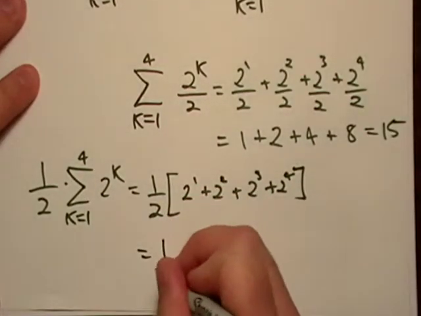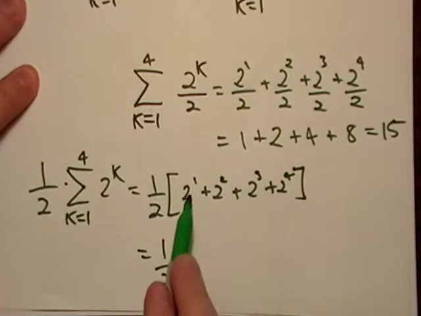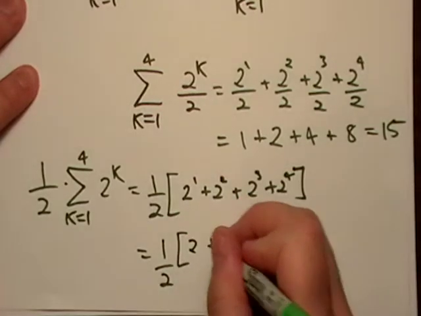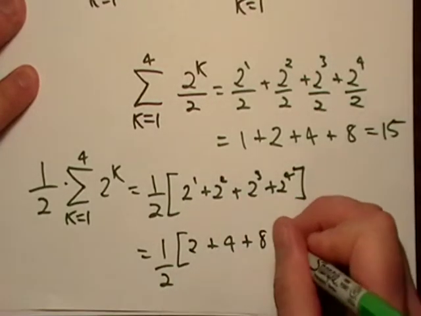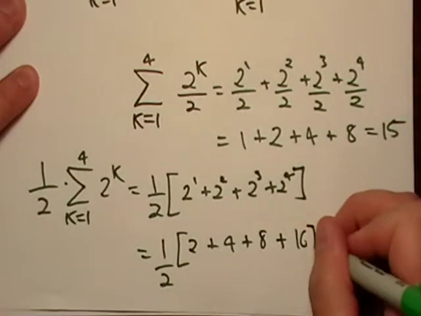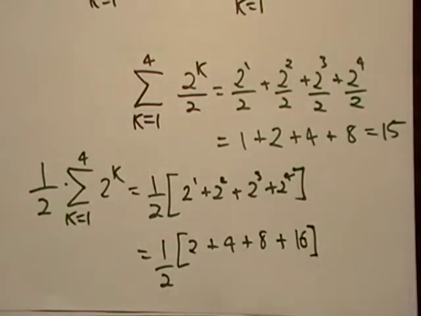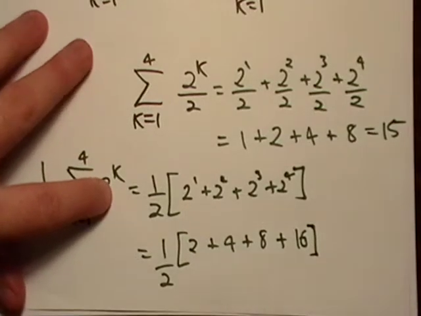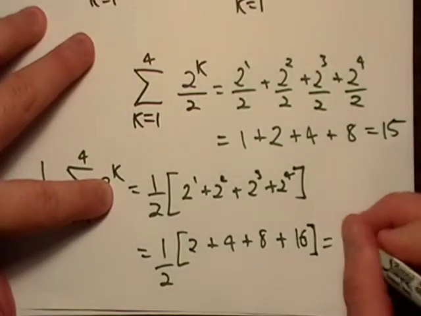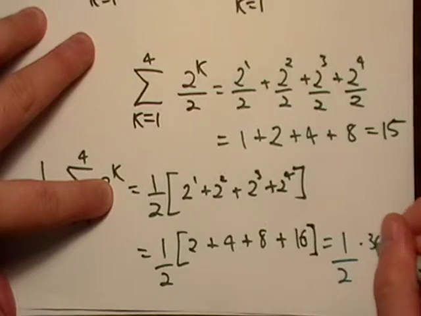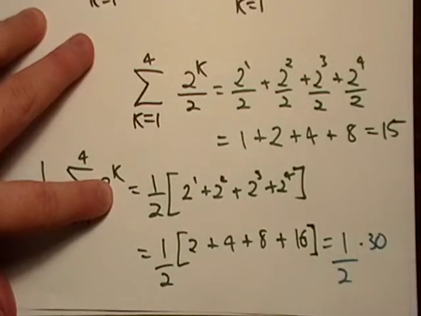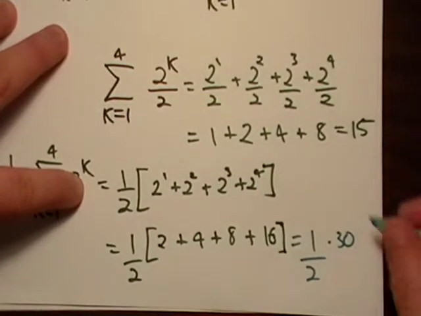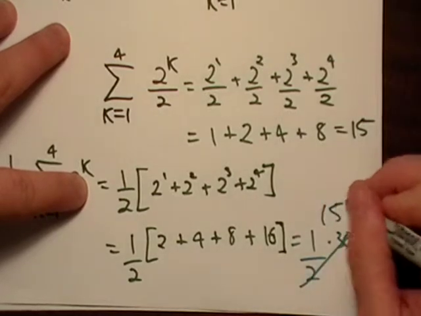So we've got 1/2. So this is 2 to the first. It's going to be 2 plus 4 plus 8 plus 16. Okay. And that is 2 plus 4 is 6 plus 8 is 14 plus 16 equals 30. 30 times 1/2 is certainly 15.